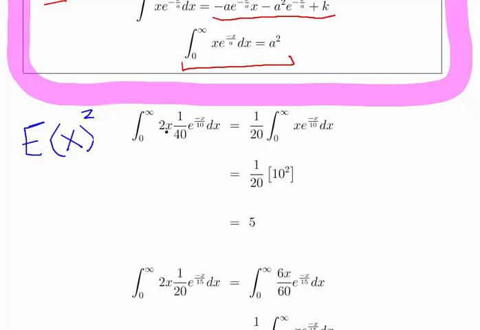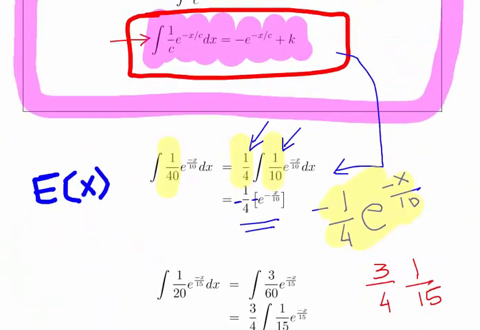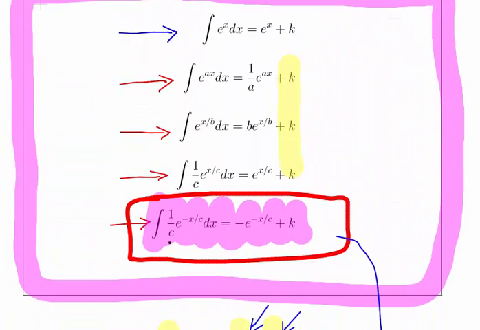Okay, so we have 2 times 2x over 40 is 1 over 20. Now you notice in this instance I'm bringing the entire fraction out. Okay, there's nothing left in here anymore. It's x times e to the minus x over 10. There's just something slightly different there. Okay, that's x times e to the minus x over a. Just watch out for that, because I don't have a coefficient in there like I do previously.